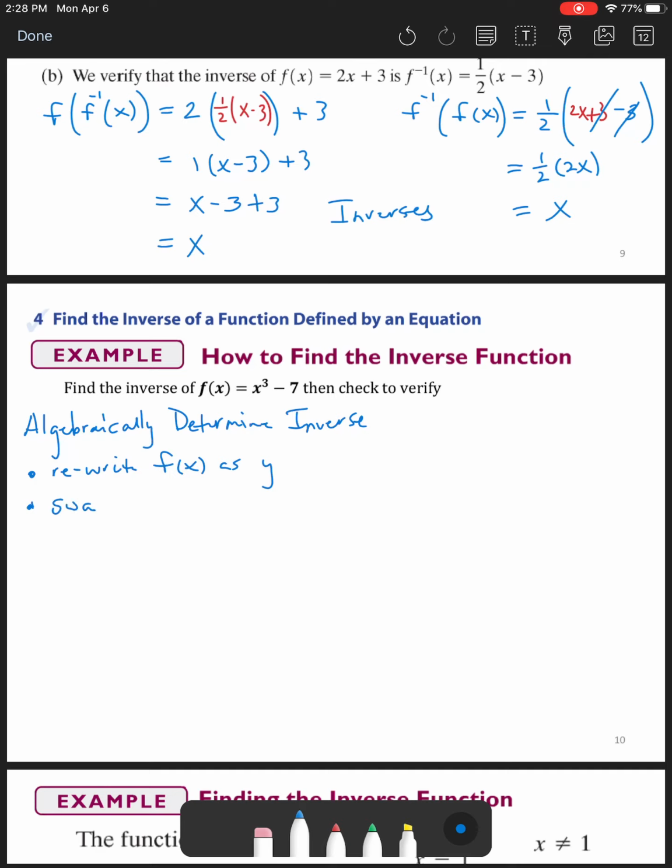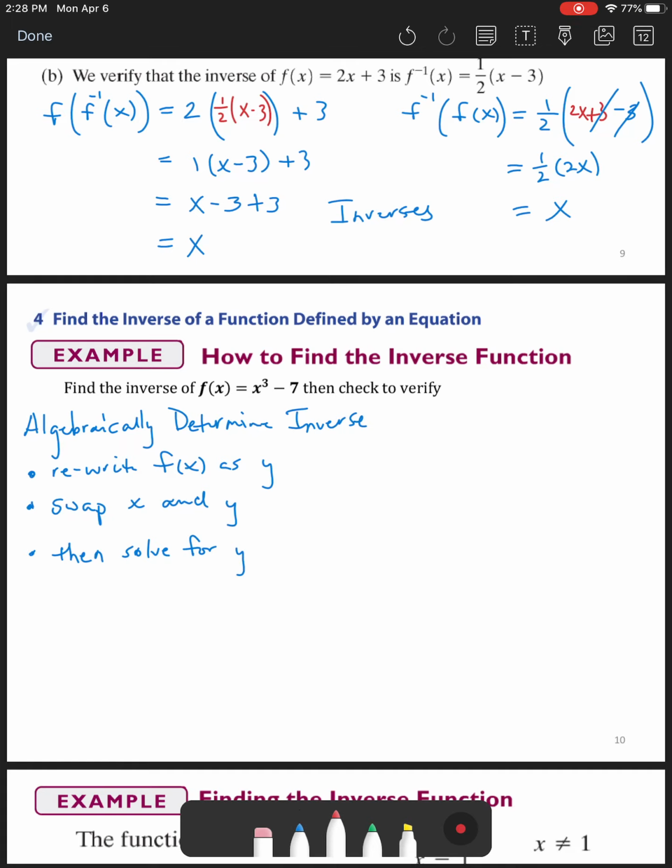Then you swap them, meaning swap x and y. Then solve for y. You do this every time. Once you got y by itself, that's your inverse.